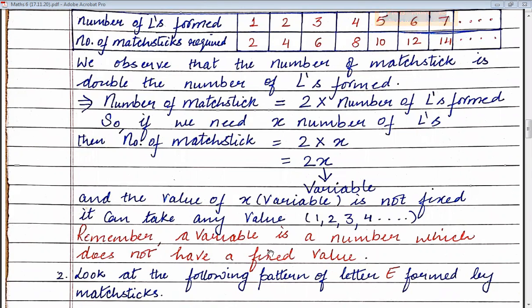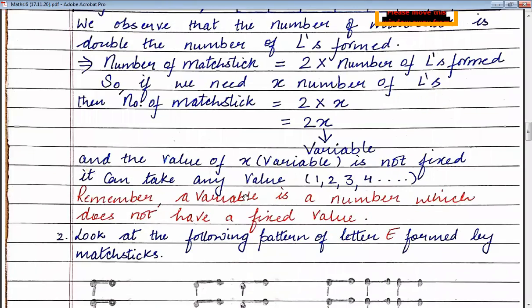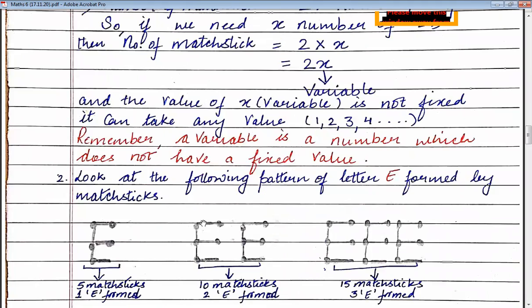Now children, to understand this concept, let's look at another pattern. Now let's have a pattern of letter E by using matchsticks. Now let's have a look. Children, in this, the first one, E. Let us count the number of matchsticks we used in making 1 E. Let's count. 1, 2, 3, 4, 5.